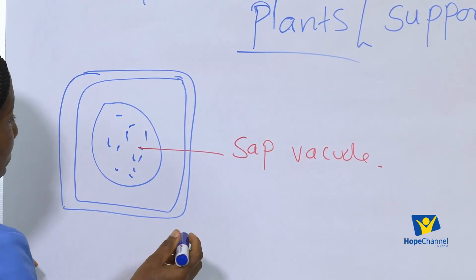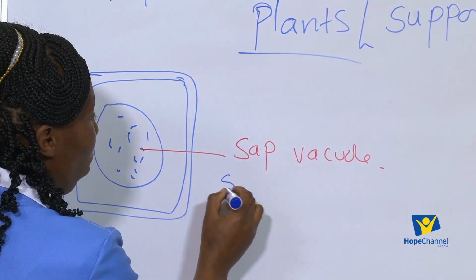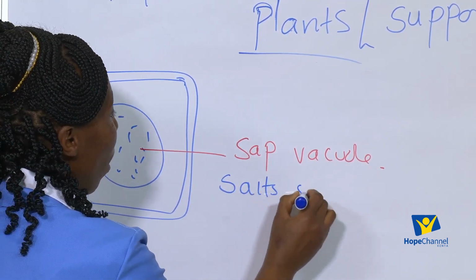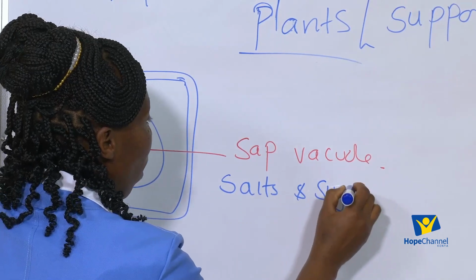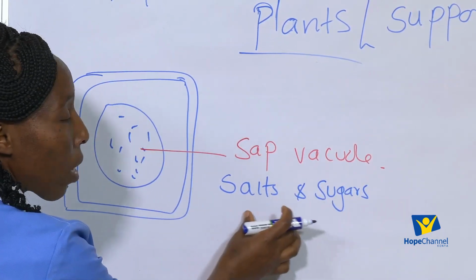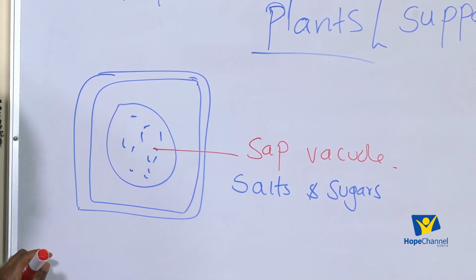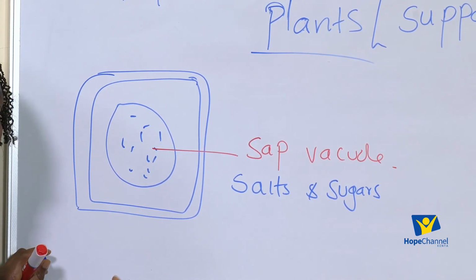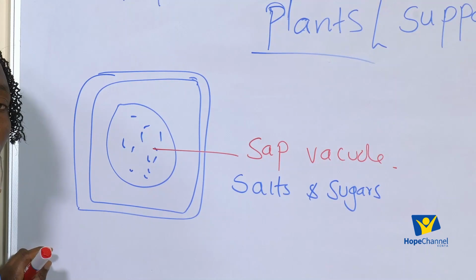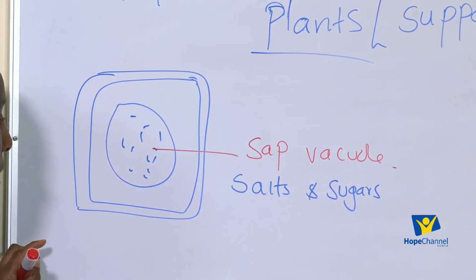Now what happens inside the sap vacuole? We have salts and we have sugars. Now these salts and sugars, when they dissolve in water, make salt solution or sugar solution. So basically they make either a hypotonic solution or a hypertonic solution.